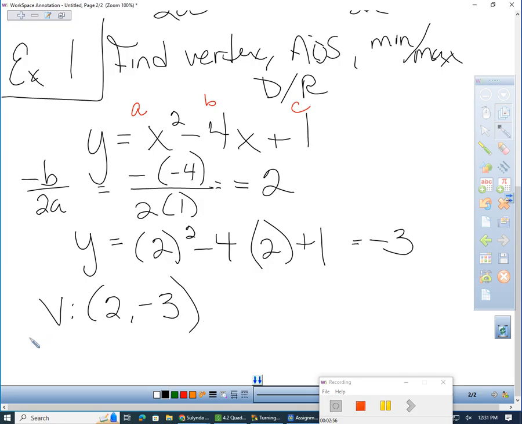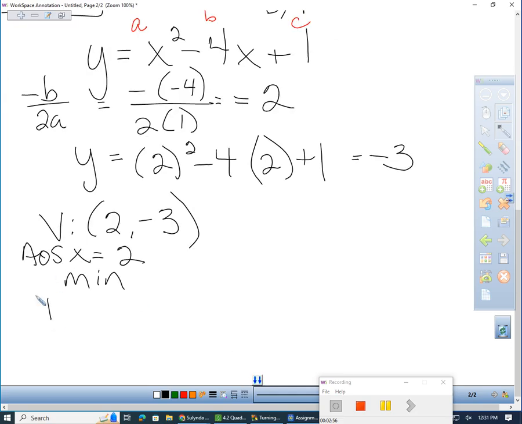Well, if I know my vertex, I know my axis of symmetry is x equals 2. Looking at my a value, it's positive. Since it's positive, it opens up, so this is a minimum. My domain, of course, is always negative infinity to infinity.